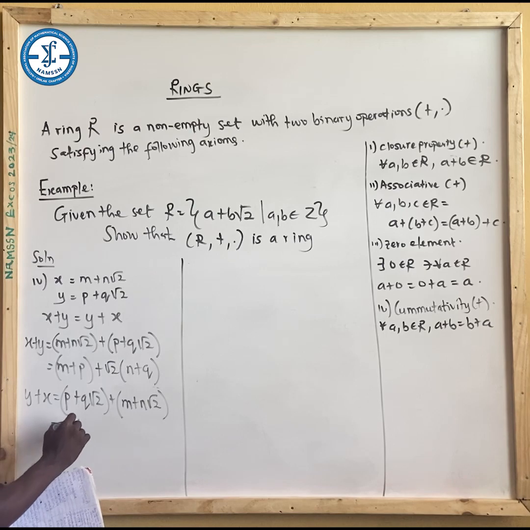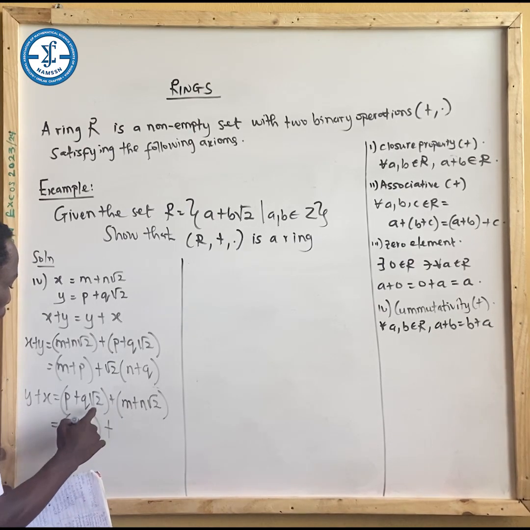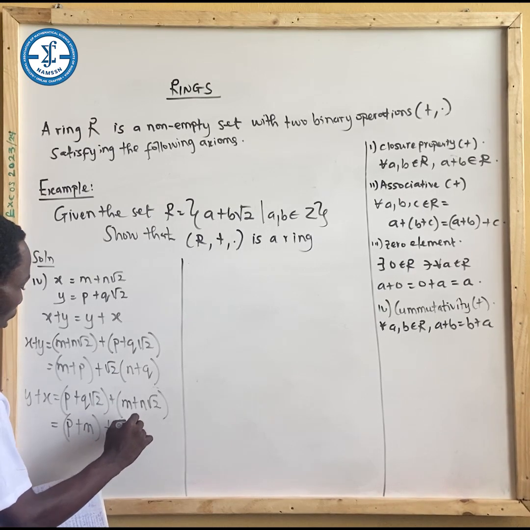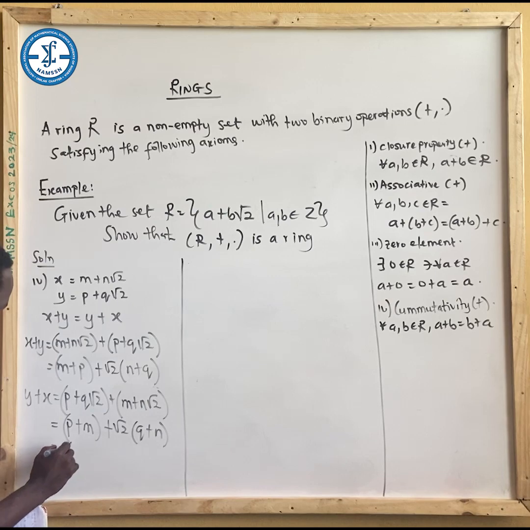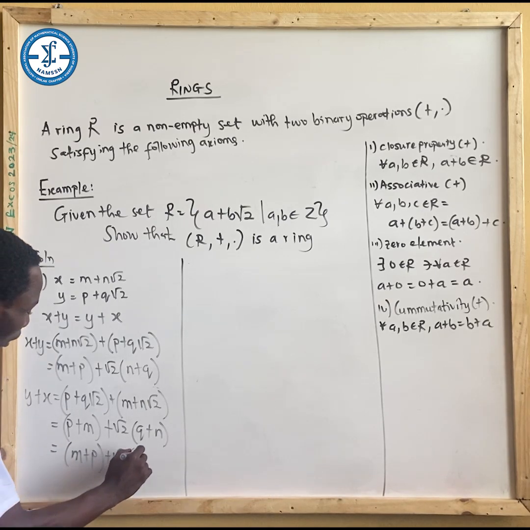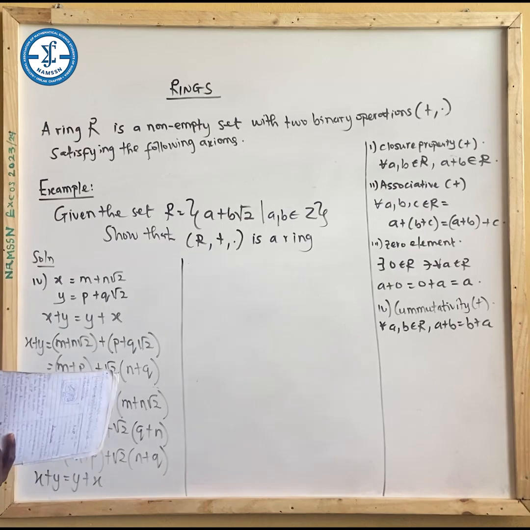And this will be p plus m plus root 2, which is common here, and I can have q plus n. This can still be written as n plus p plus root 2 times n plus what? q. So x plus y equals y plus x.